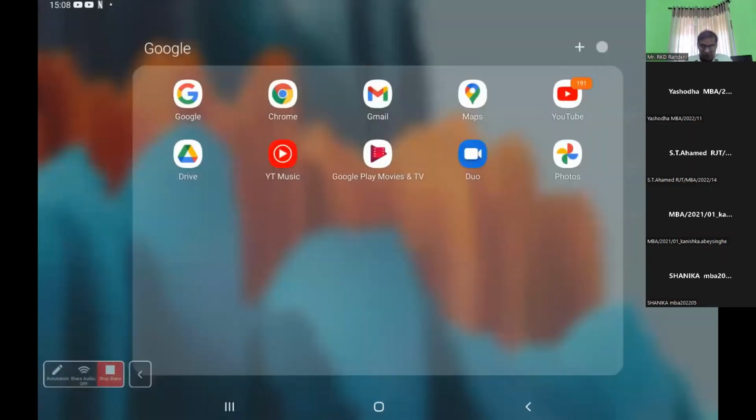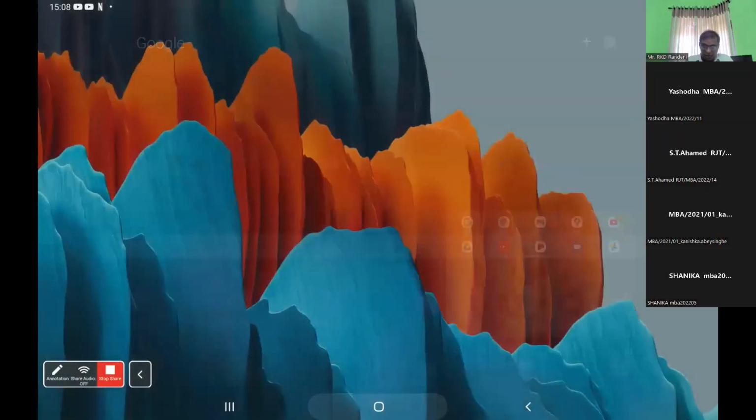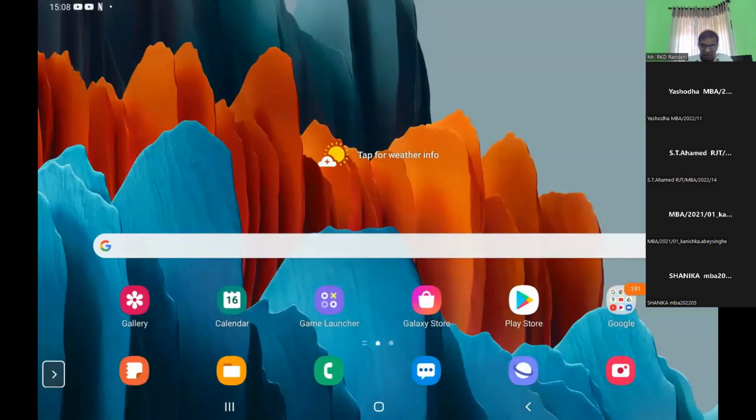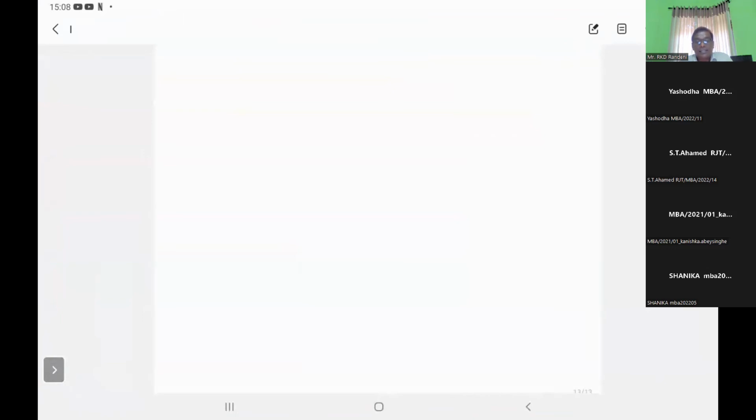So, screen start. There are three graphs. Now there are chats, can't see the screen. Please share the screen. Now it's okay.